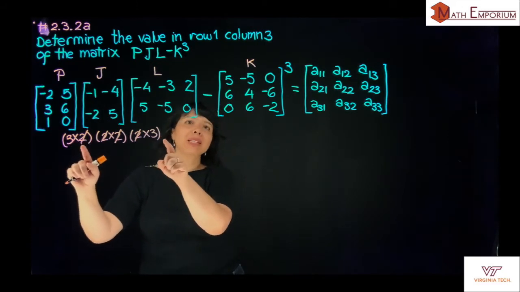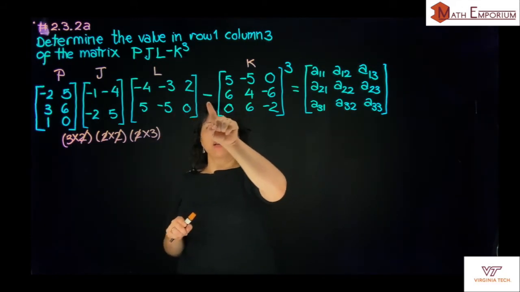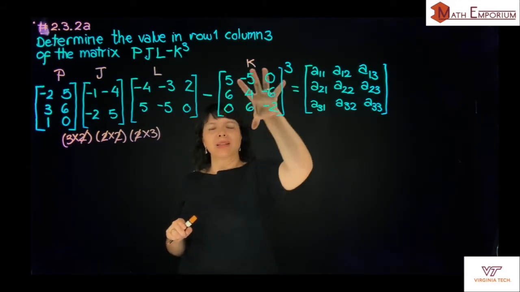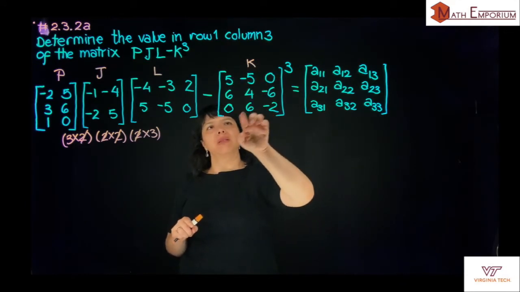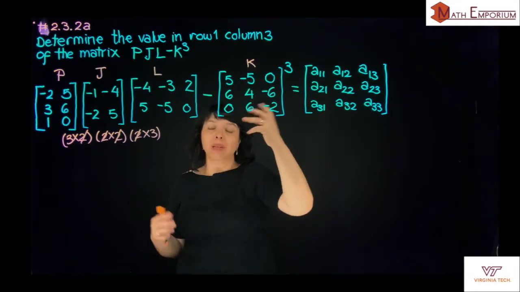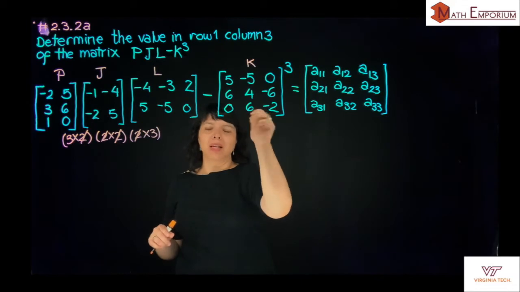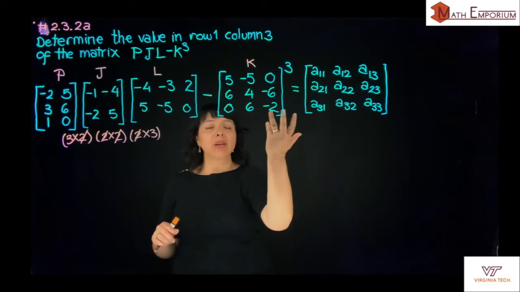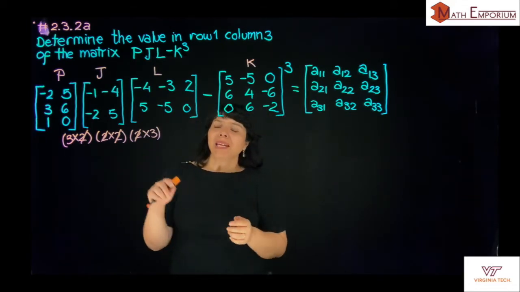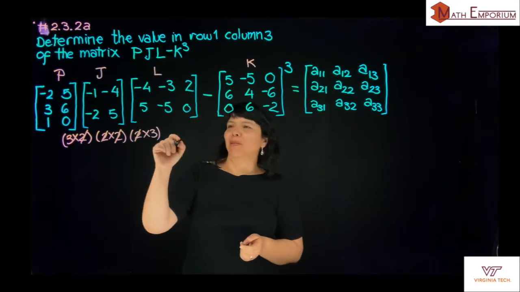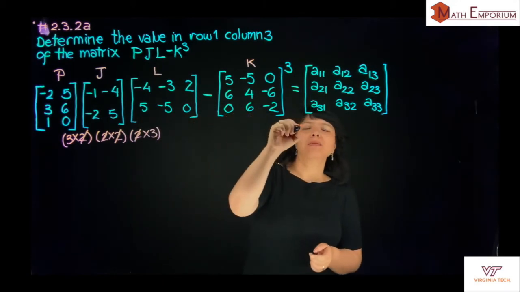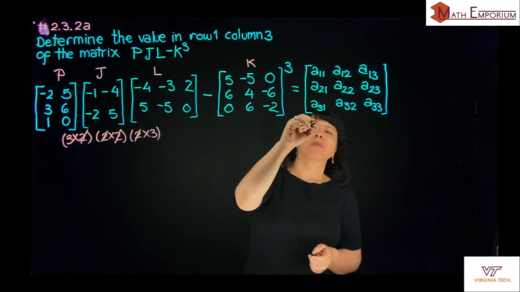It makes sense to subtract another 3 by 3 matrix, because 3 by 3 matrices multiplied times another 3 by 3 matrix give a 3 by 3 matrix. So at the end, I end up with a 3 by 3 matrix.